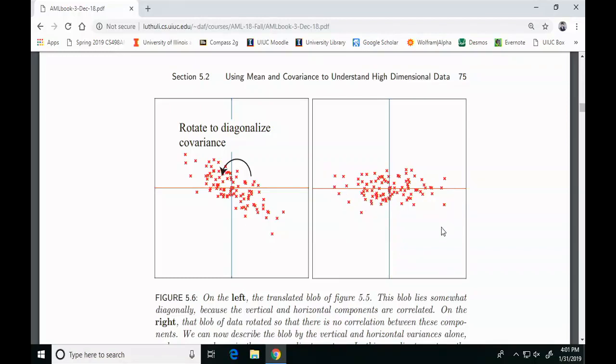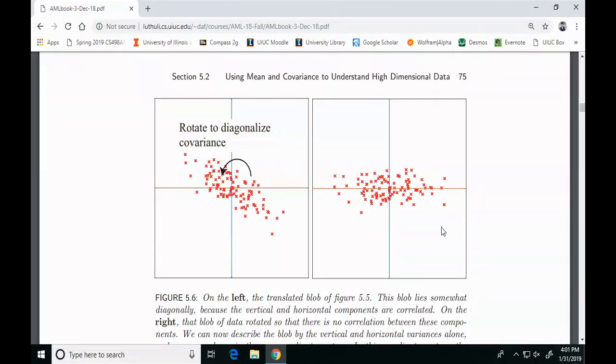And we're going to choose that rotation so that we have covariances of 0. So the components in this new space, it's not really a subspace yet, are going to be 0 mean and 0 covariance with each other. And you can see that here. There's no covariance in this particular thing.